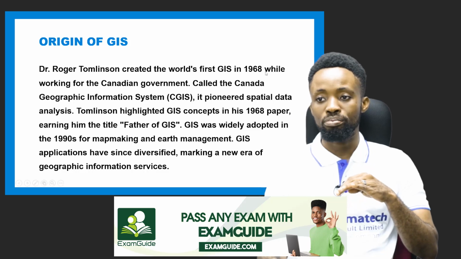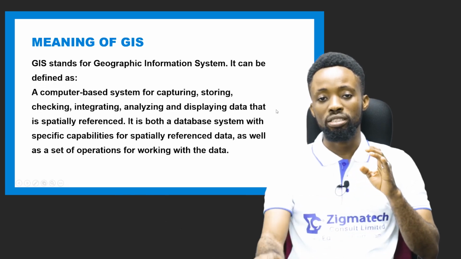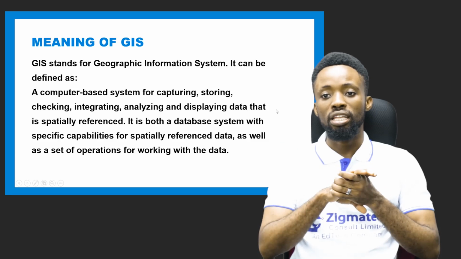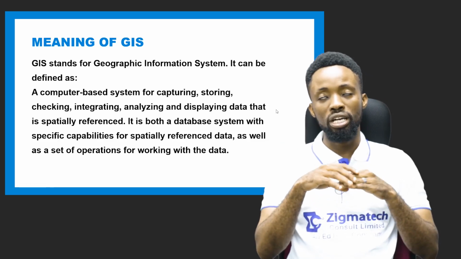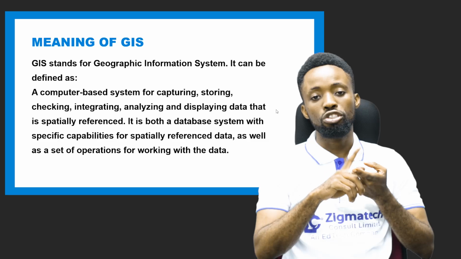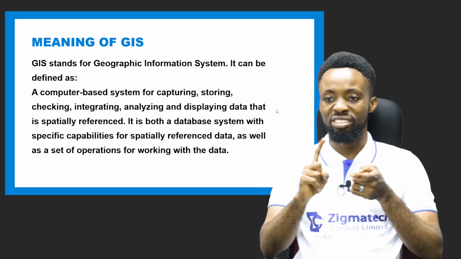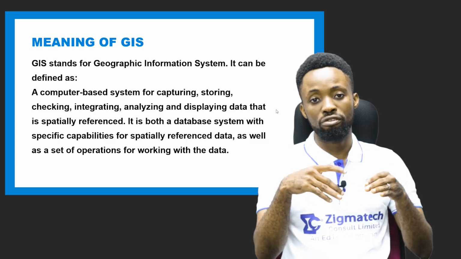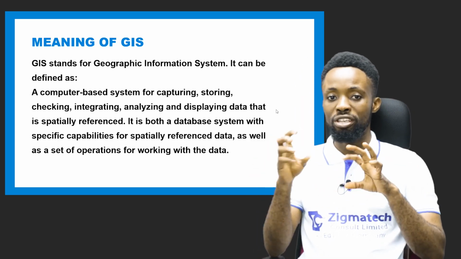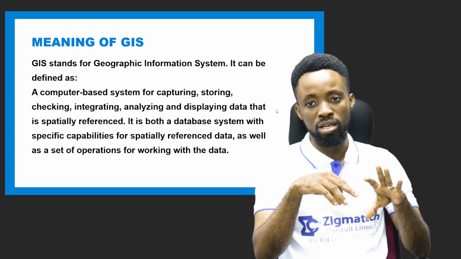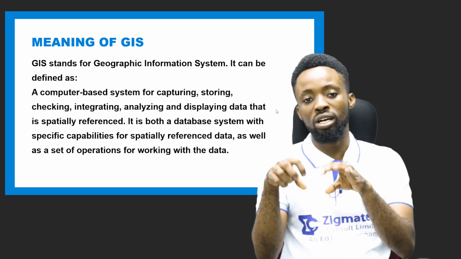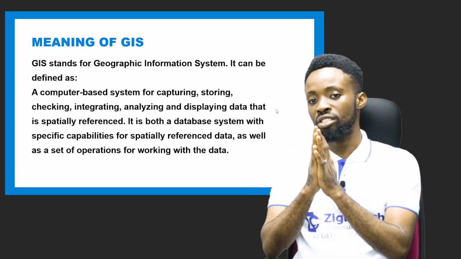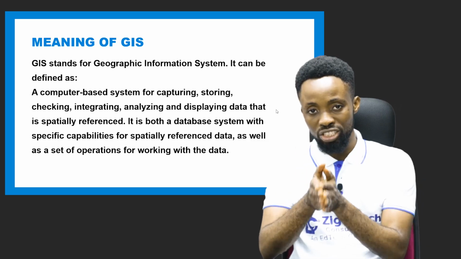So let's look at the meaning of GIS. Now, the word GIS stands for Geographic Information System. It means that it's coined from geography, information, and system. Before we look at the definition, let us look at a little analysis of the word GIS.